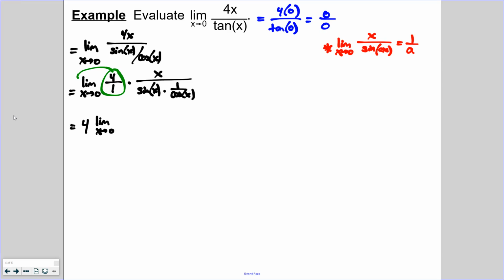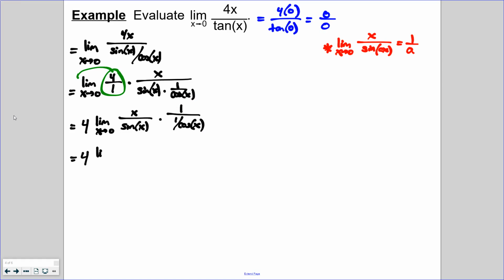And then I'm going to pull apart this fraction a little bit more to get x over sine of x times 1 over cosine of x. All right, so now we do have the x over sine of x like we wanted, so that's good. But we still need to get this 1 over cosine into its own limit. And since we can pull apart multiplication into its own limits, we can do that now.